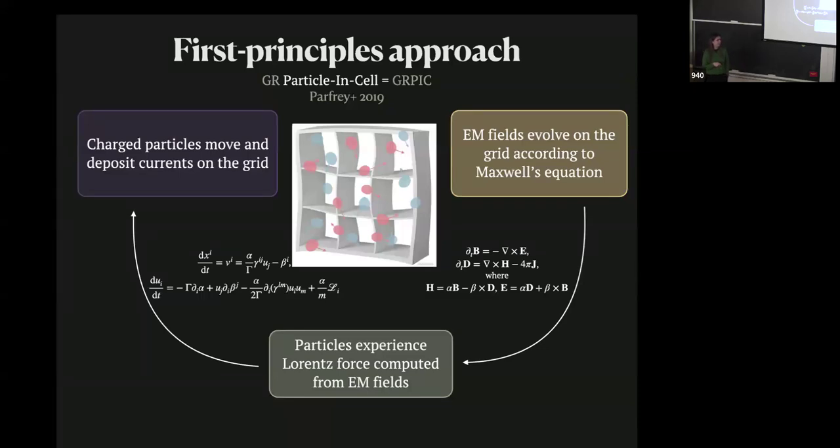In this formalism, you can decouple Maxwell's equations from the spatial part, so you can solve Maxwell's equations. Then again, particles feel the Lorentz force computed here, but they also feel the curvature of the grid. The alphas and betas there that relate H and B are position-dependent.